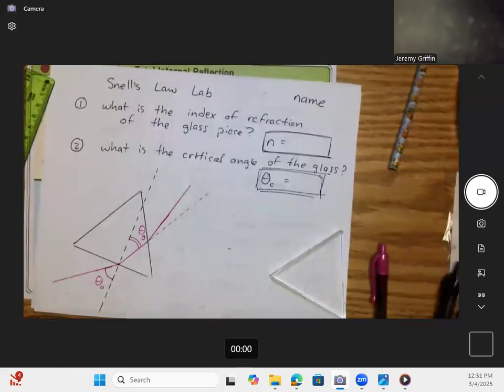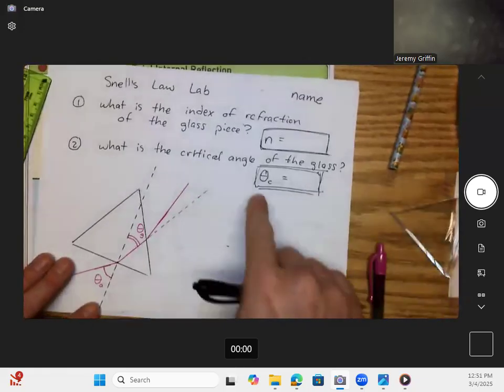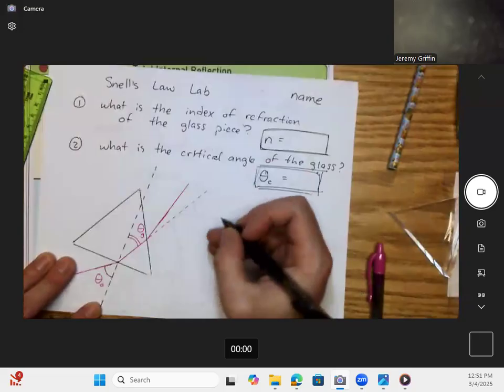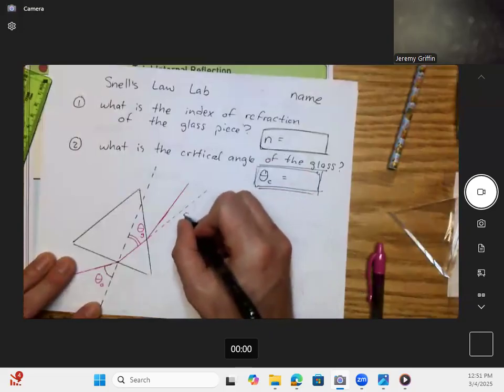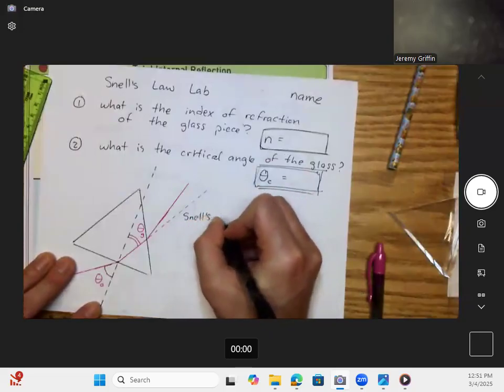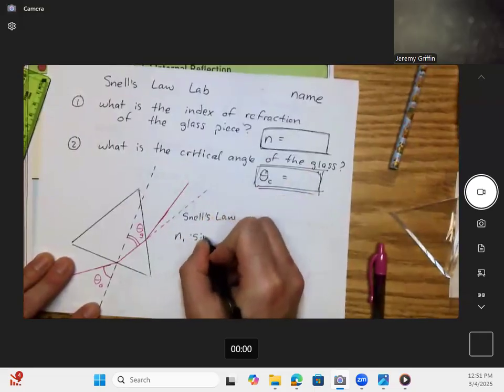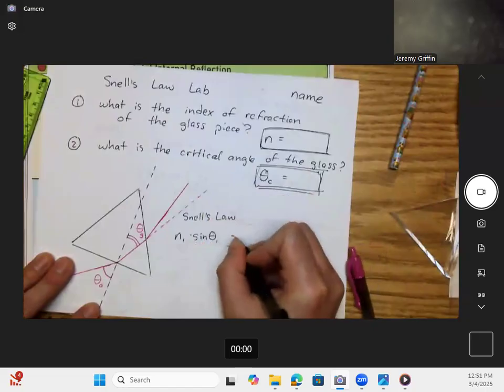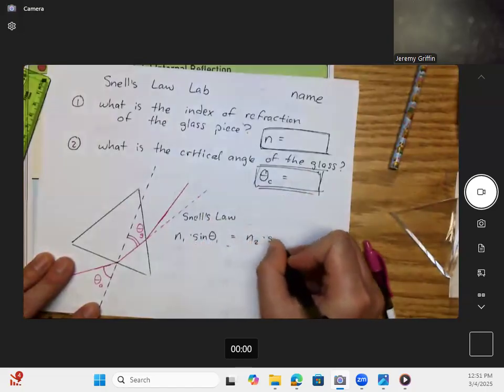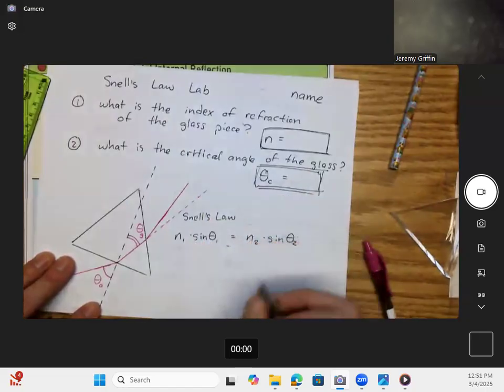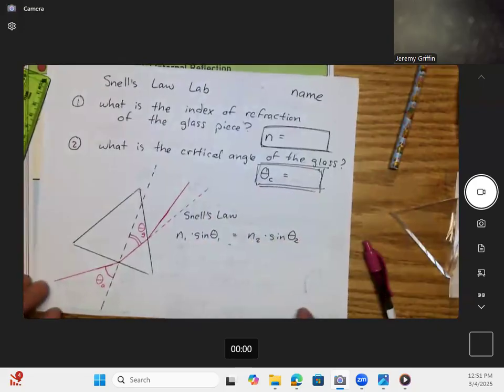Now the star formula today is of course Snell's law, which goes like this. I'll even spell it out again. Snell's law: N1 sine theta 1 equals N2 sine theta 2. Now, I'll recap this whole process with you guys.